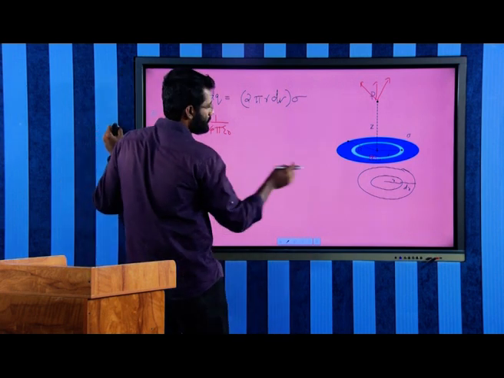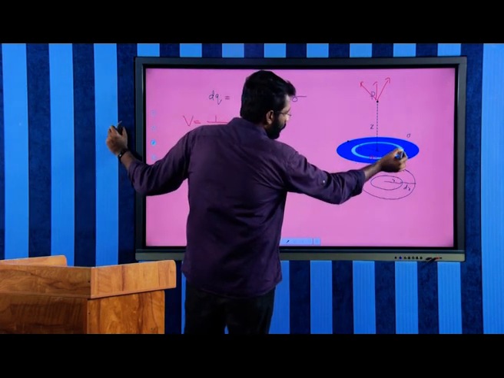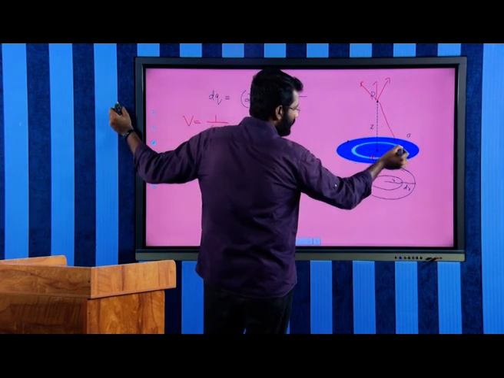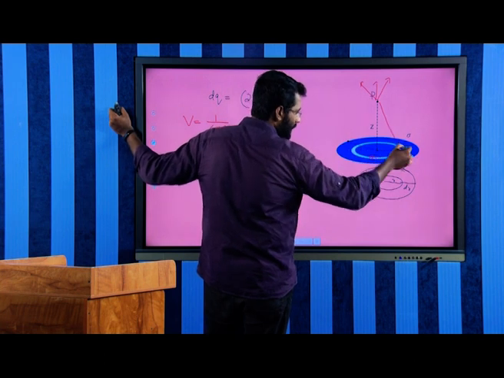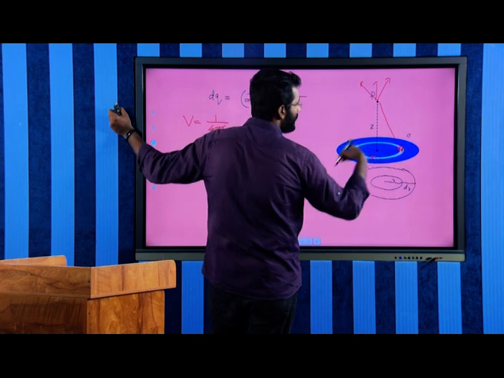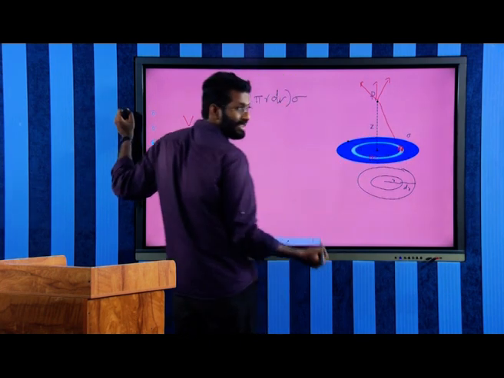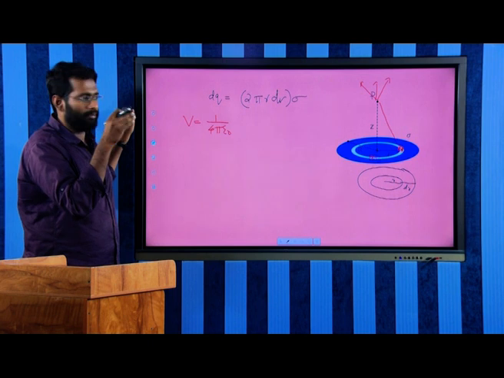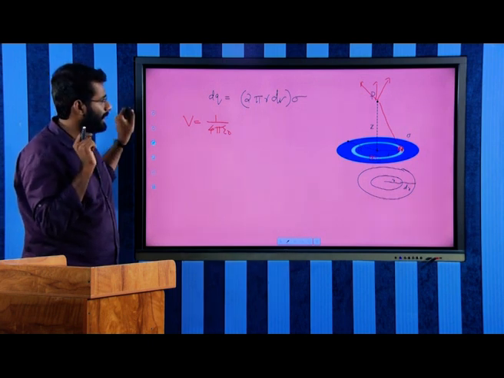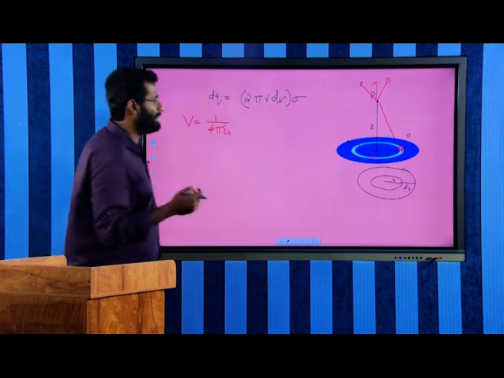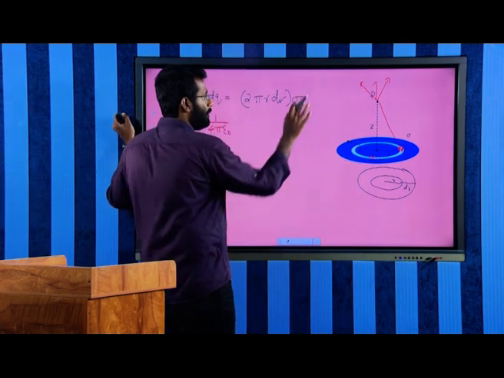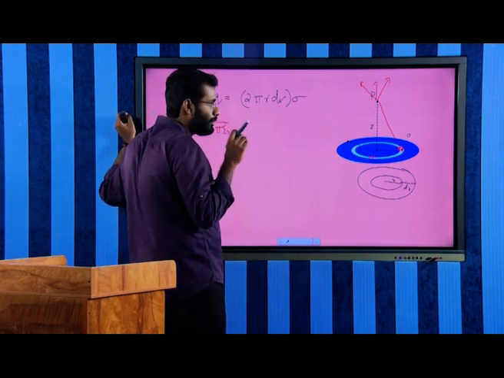From each portion of this strip, the circle we are considering, there is a distance to this point, and that is what we need: sigma dA divided by r, where r is the distance from the charge to the field point, the point where we want to calculate the field.